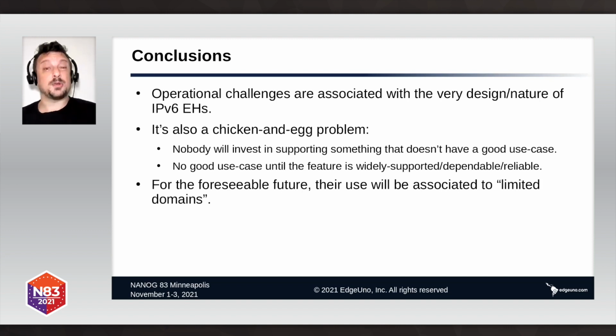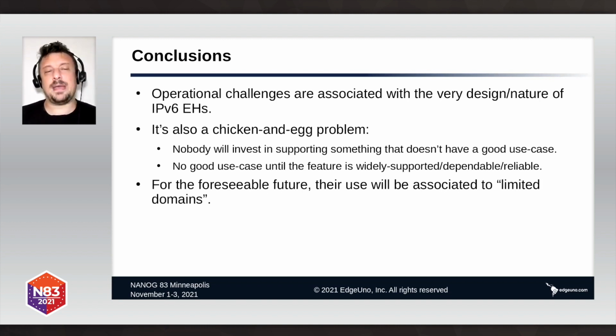Okay, so that's the situation in which we are right now. On the other hand, from the perspective of vendors, if there's not really a good use case, and the IPv6 extension header feature is not really well supported, there's not really much motivation to actually try to improve the support in their own products.